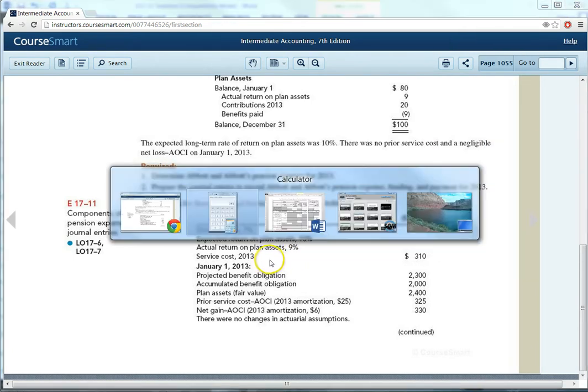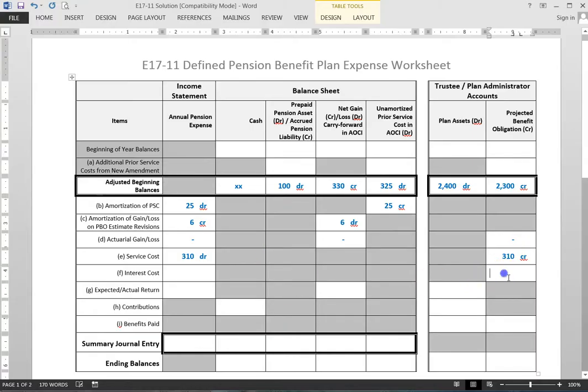So I go back to my spreadsheet, and $161,000 credit entry. This is going to increase the balance of the PBO, and there will be a corresponding debit entry in the pension expense account. Next up would be the expected and actual rates of return. Again, this is where the FASB made some compromises.